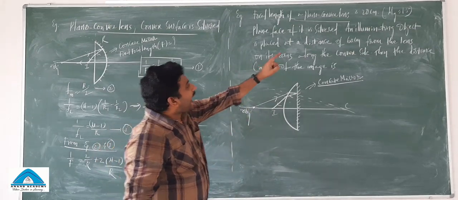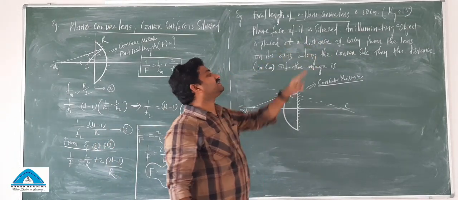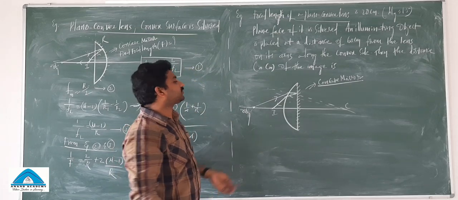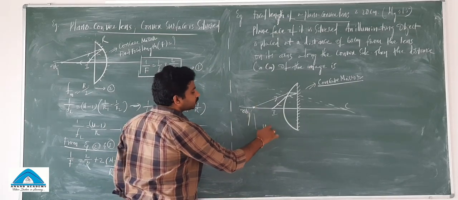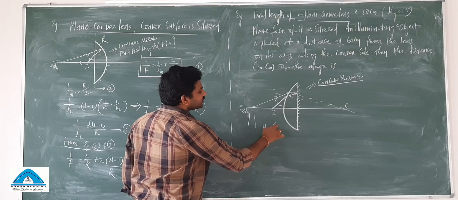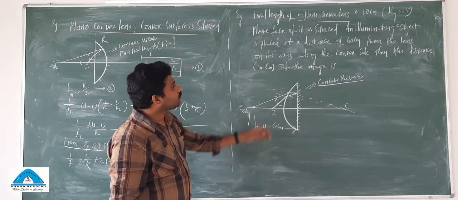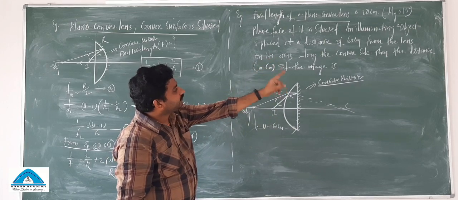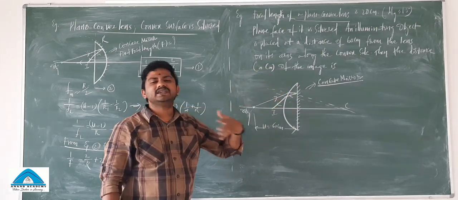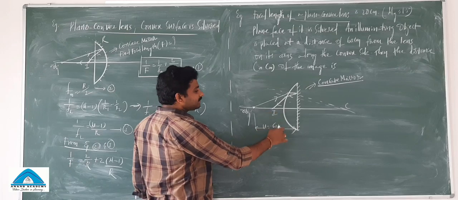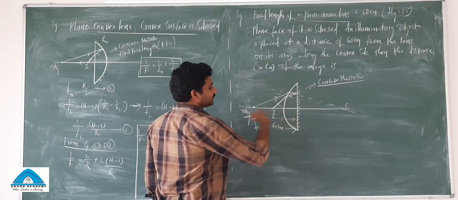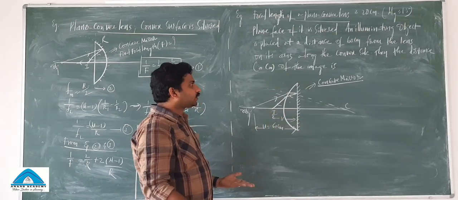Now, an illuminating object is placed at a distance of 60 centimeters from the lens. See, there is an object, U is 60 centimeters. Then the distance of the image is to be found. So what are the values you have?